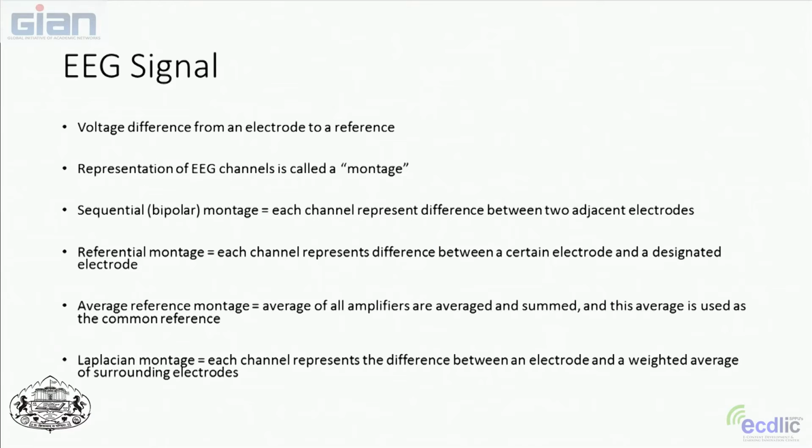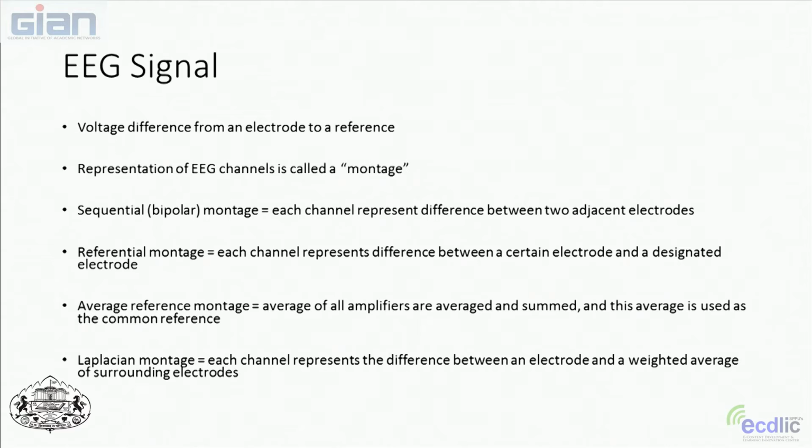You can also do a referential montage where you have just a designated electrode that's your reference, and each channel represents a difference between that electrode and this one single reference electrode. So that's called referential. Average reference montage: all the channels are averaged and summed, and this average could be used as the common reference.